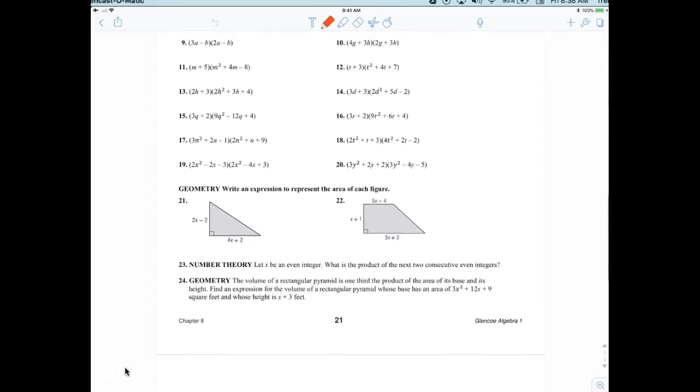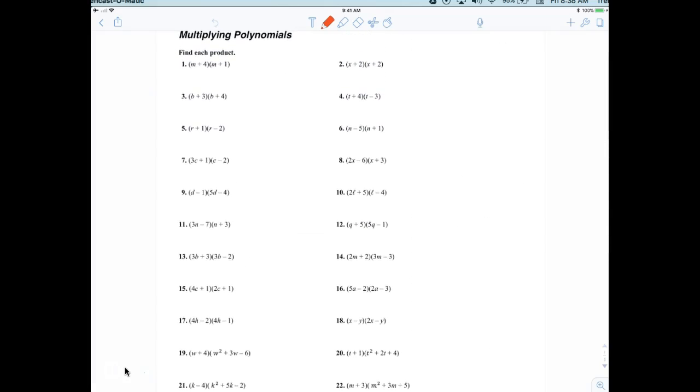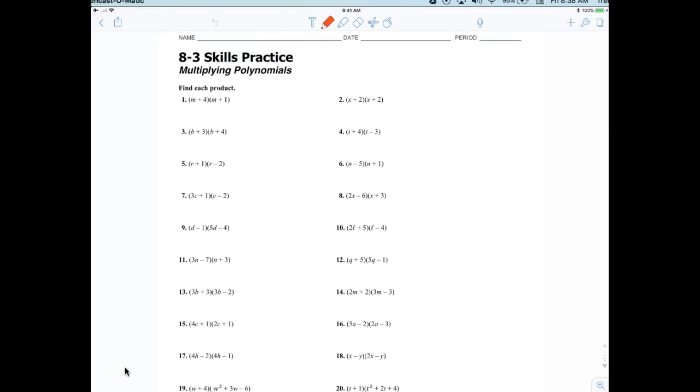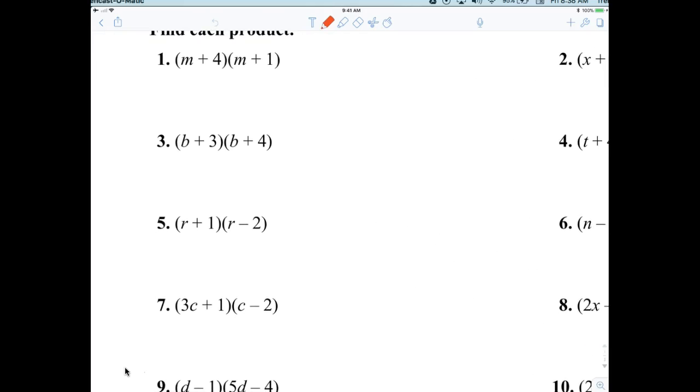All right, lots of practice here. Now what I'm going to do is briefly show you how I think you should do it. And then after Christmas, you're going to be able to look at, for example, number 1 and just say, that's obviously m squared plus 5m plus 1.